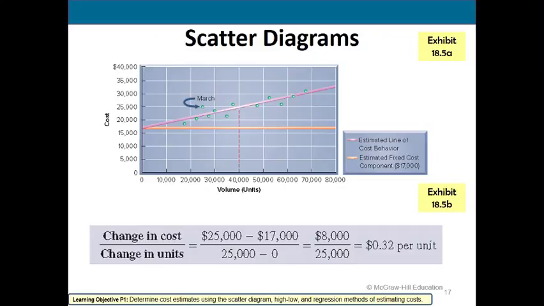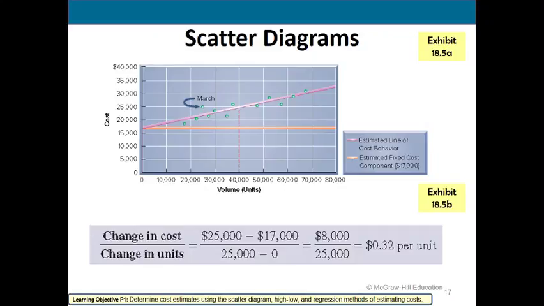So essentially what you can do, you see a pattern there, and you can create a line of cost behavior to reflect the relationship between cost and unit volume, and you see it kind of goes down the middle of all those dots. It says that this line best visually fits the points in a scatter diagram.